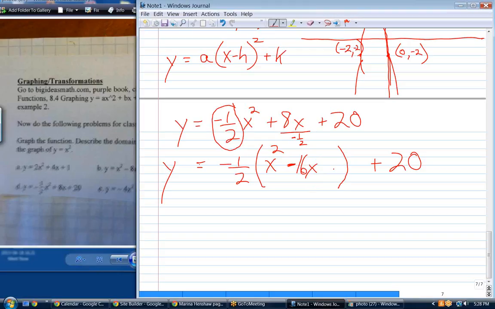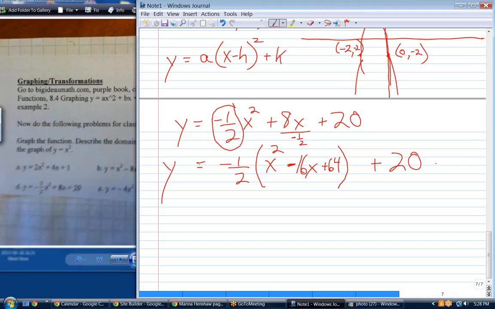Except I'm always adding. When I complete the square, I'm always adding inside the parentheses. Because notice when I take half of that, I get minus 8, but then when I square minus 8, I get positive 64. So this is always a plus 64. I mean, this sign is always plus when we're completing the square, no matter what that sign is.